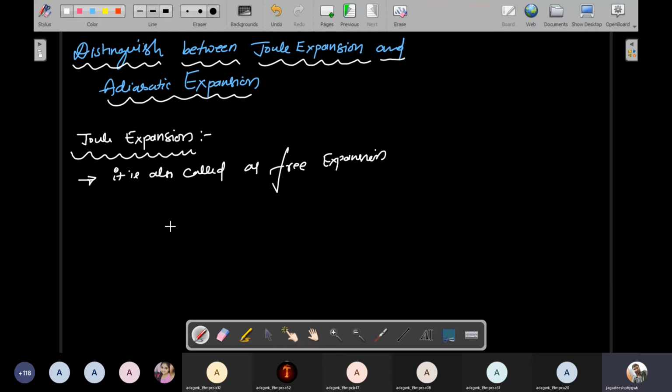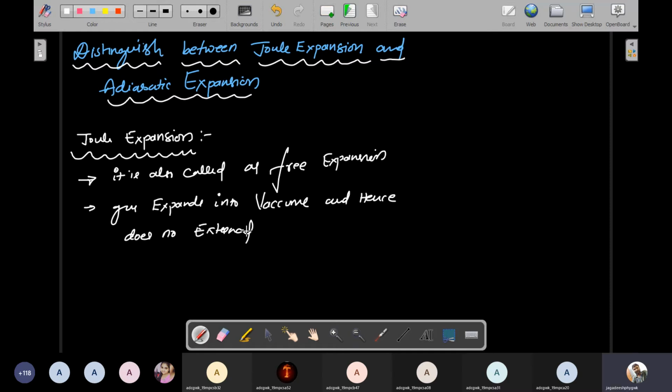Why is it called free expansion? Because the gas expands into vacuum, and hence does no external work.